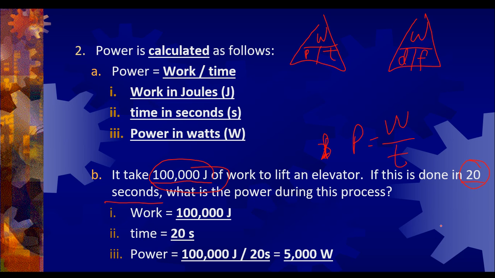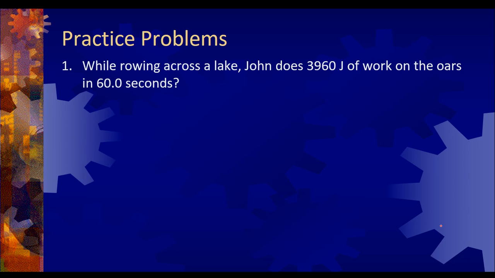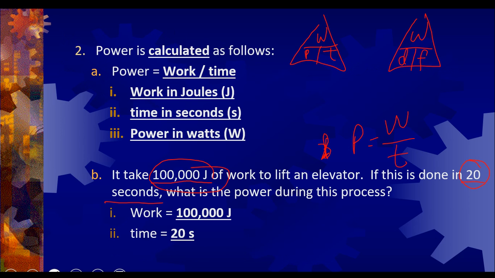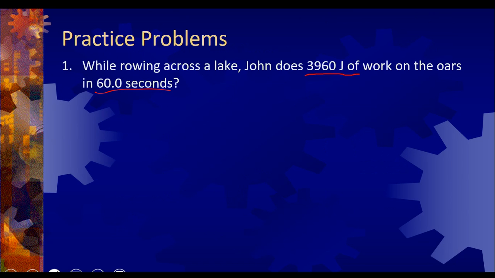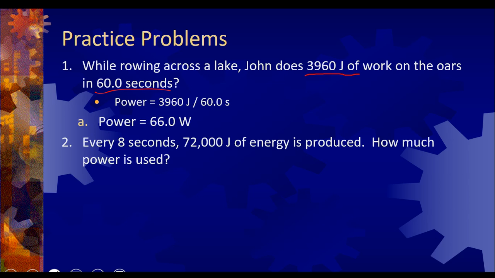All right, let's try another one. John is rowing across a lake. He's going to do this many joules of work in this amount of time. If we go back to our previous, power is work over time, and you get 66 watts. Number 2, every 8 seconds.